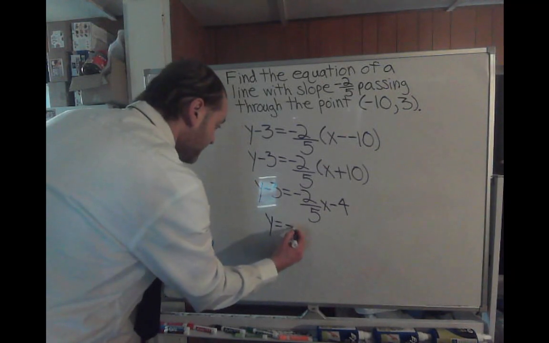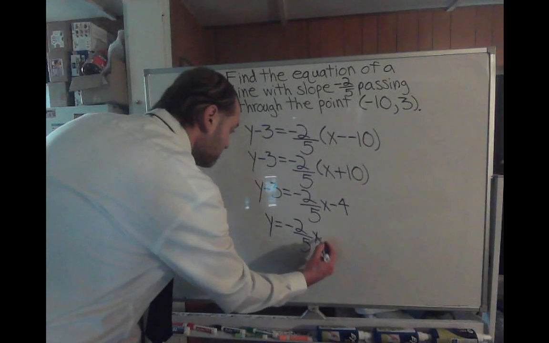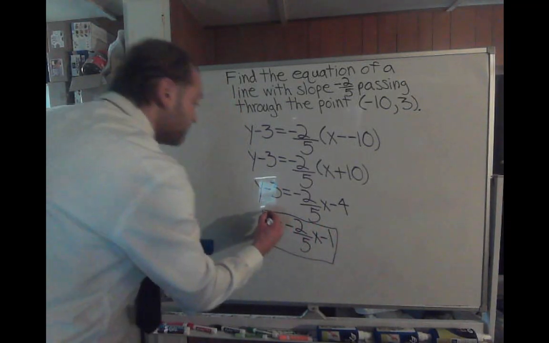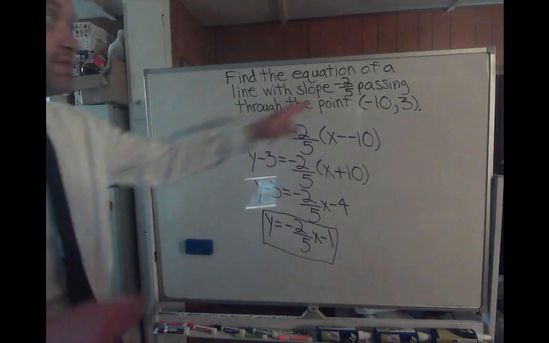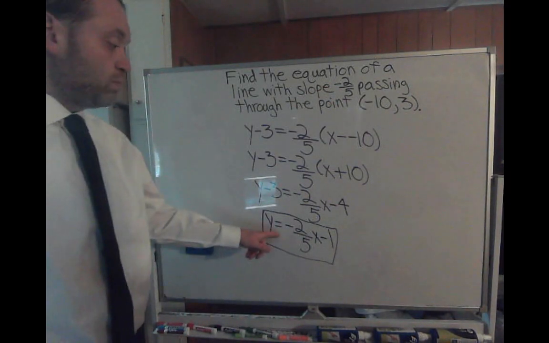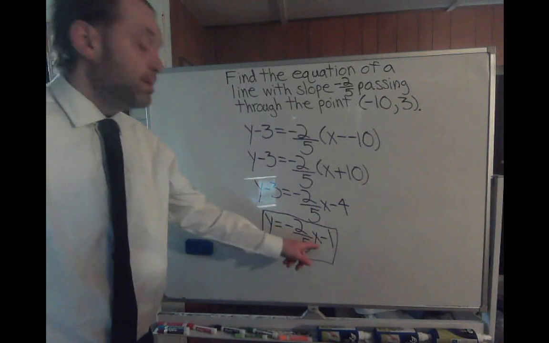You would get y equals -2/5 x minus 1. So the equation of the line we're looking for with the slope of -2/5 passing through the point -10, 3 would be y equals -2/5 x minus 1.